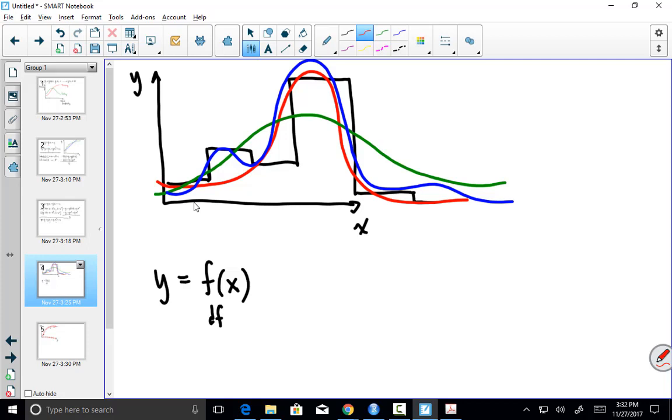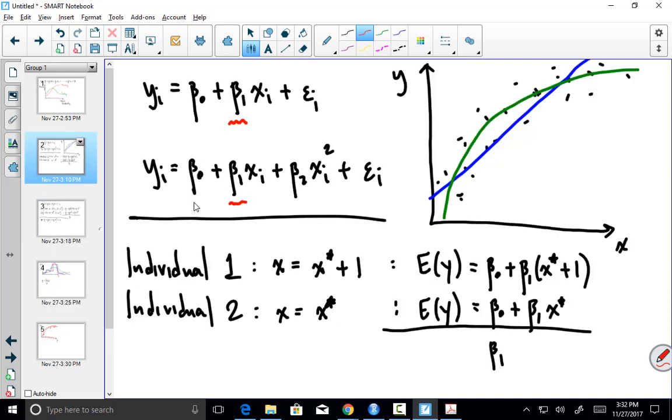So all that to say, there's lots of tools out there for working with models that aren't quite suitably modeled with a linear model. Keep in mind, interpretation becomes more complicated as you increase the complexity of the model.